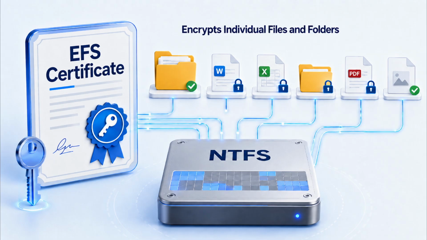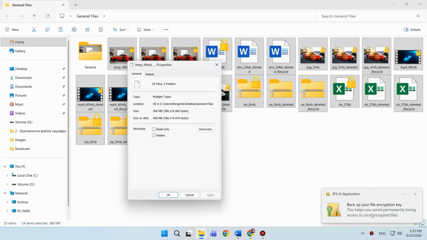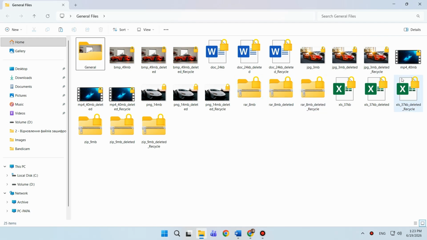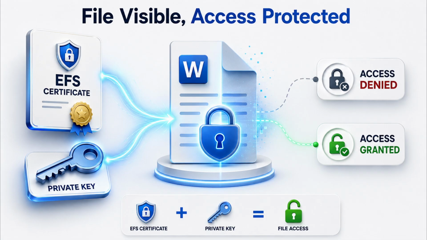Windows EFS, or Encrypting File System, is a technology for encrypting individual files and folders in the NTFS file system. After encryption, the file remains visible in Windows, but it can only be opened by the user whose profile contains the corresponding EFS certificate and private key.